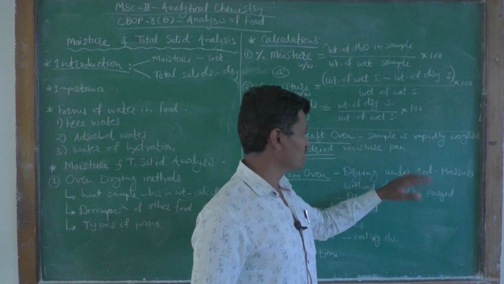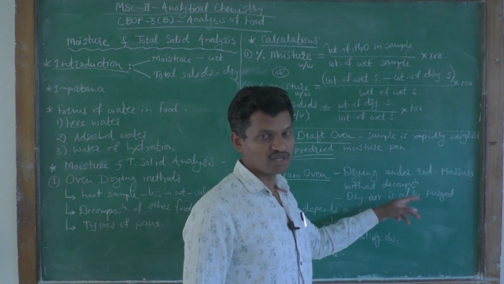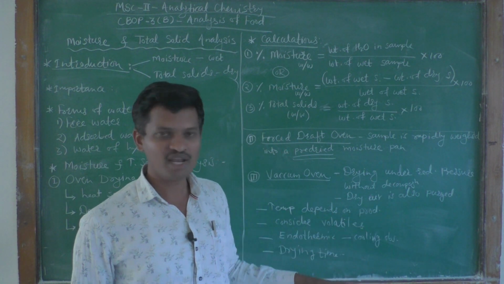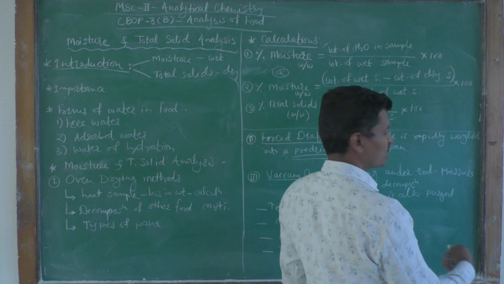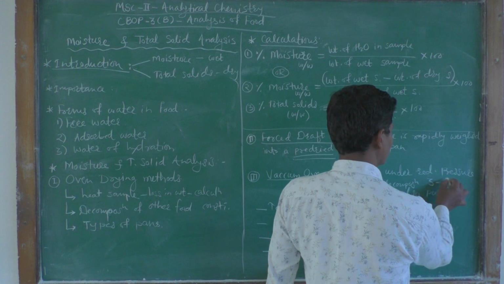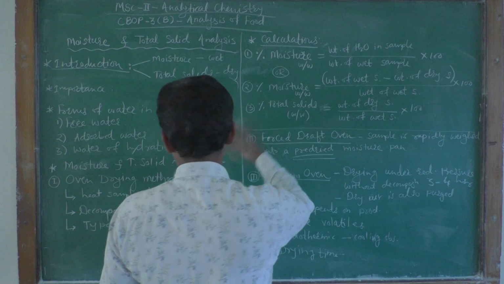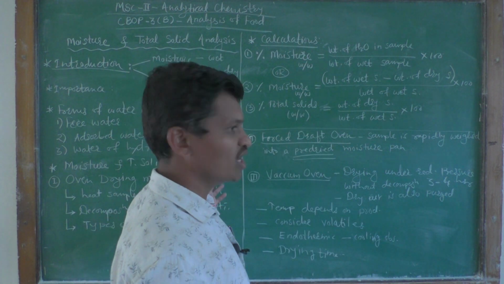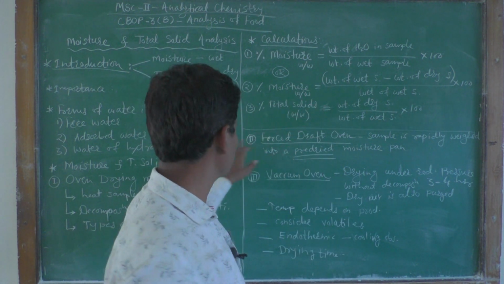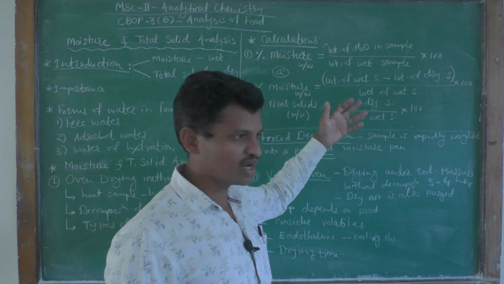Drying under reduced pressure without decomposition of the food material within a short period of time, generally 3 to 4 hours, because these methods may take 1 hour, 2 hours, up to 24 hours. These methods may take longer.